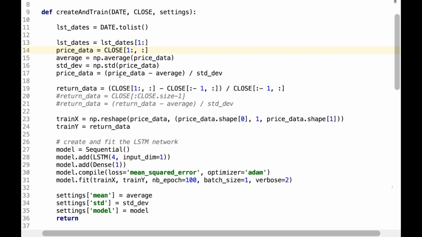I have my pricing data. When I run my analysis, I normalize my data. Essentially, I subtract the average and divide by the standard deviation. I have my price data, and I have the return data, which is essentially today's price divided by yesterday's price. I want to use my price data to predict my return data, so I create both of these sets.